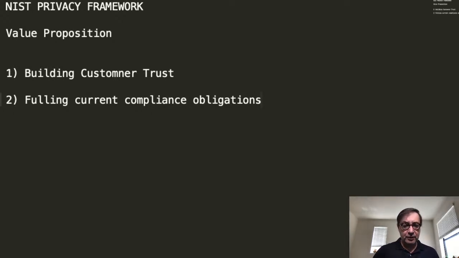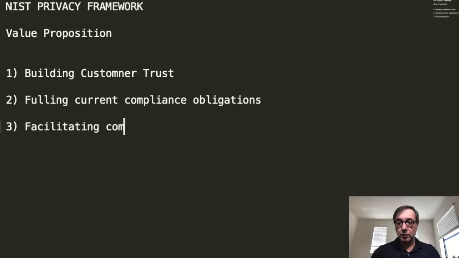It also supports, and the third value proposition here is facilitating communication. So it also supports facilitating communication about privacy practices with customers, whether that is individual customers, business customers, or your assessors and regulators. The broad shifting nature of privacy has made it difficult to communicate clearly about privacy risks within and between organizations and with individuals.